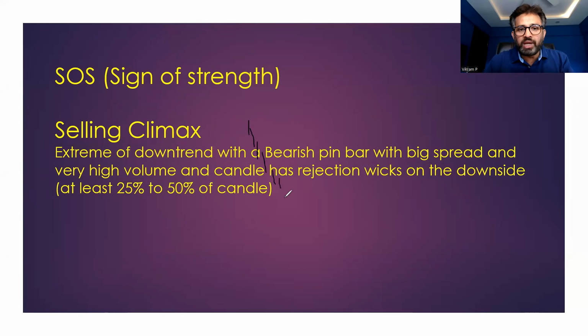For example, if it is a big trend, right, extreme downtrend, and at the end of the extreme downtrend, you see a bearish candle like this, big body, big spread, and the candle also has big wicks, almost 25 or 50% of the body, and at the same time, if you see volume also above average, that is the indication that it is a sign of strength.